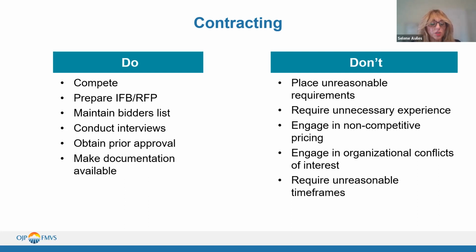The FAR is a codification and simplification of government procurement regulations, policies, and procedures. It is contained in Title 48 of the Code of Federal Regulations, CFR, and is divided into several parts. The FAR system is designed to promote competition, ensure fairness, and achieve the best value for the government, while protecting the interest of taxpayers.